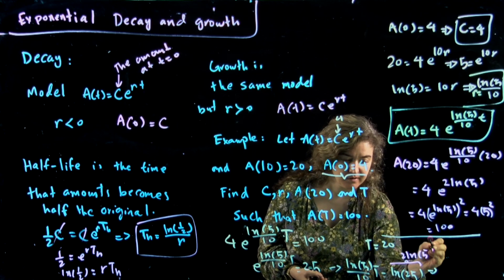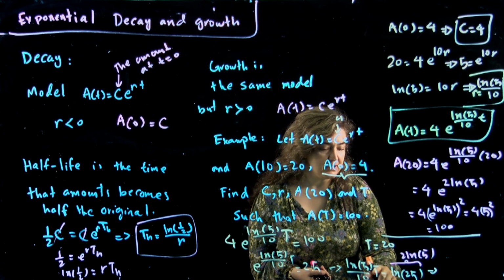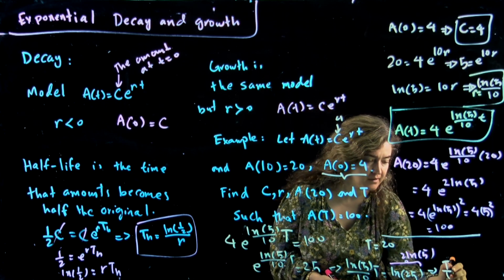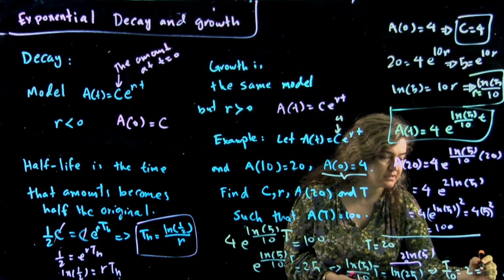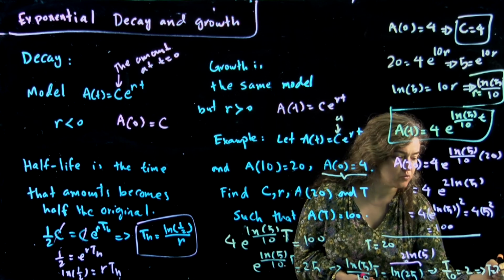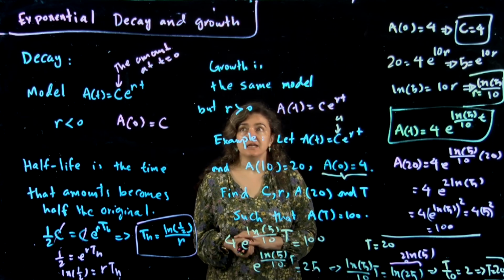Simplify this, and you will get that t over 10 is equal to 2. Therefore, t is equal to 20, which is the same answer that we already had.